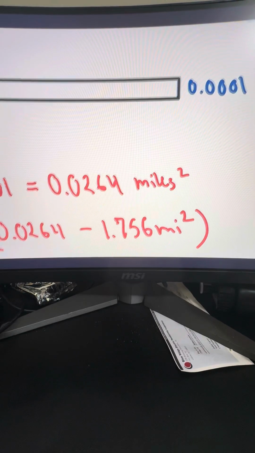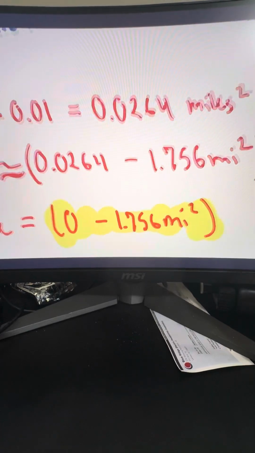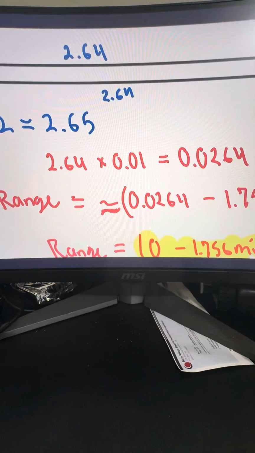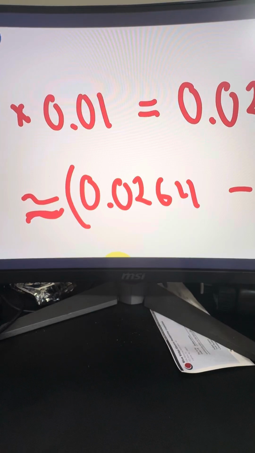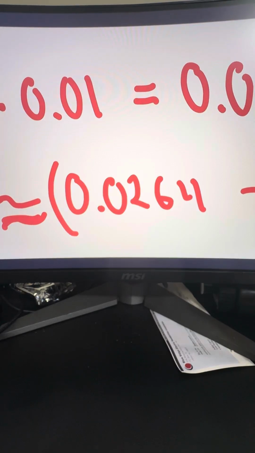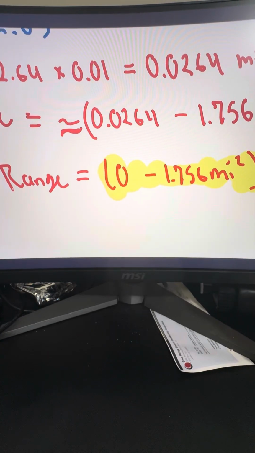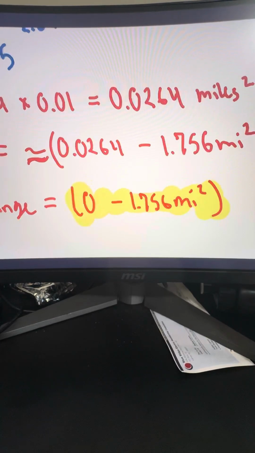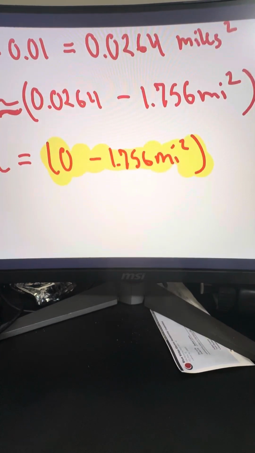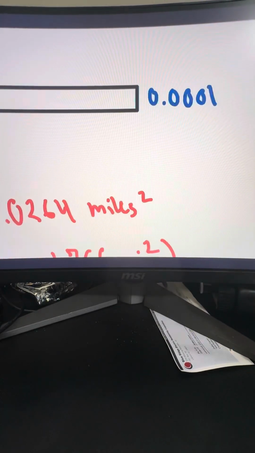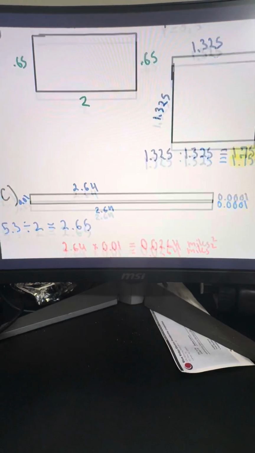And every time we did that, we found that this lower bound is just getting closer to 0. So the more decimal places you add, this number is just approaching 0. So realistically, you could say that the range is just 0 to 1.756 miles squared. So that is our range. Either one of those would work, but I really like the 0 one because if you add more zeros up here, you're just approaching 0, which is really interesting to look at.